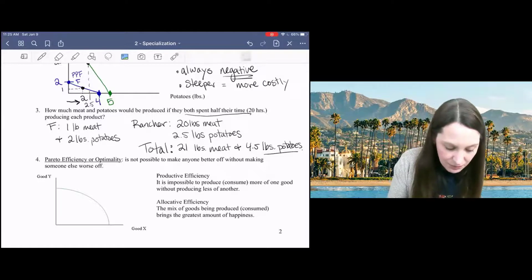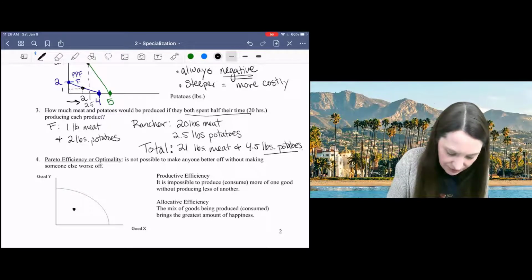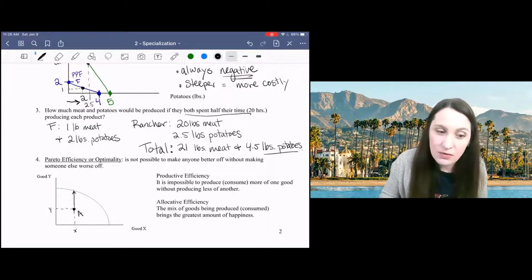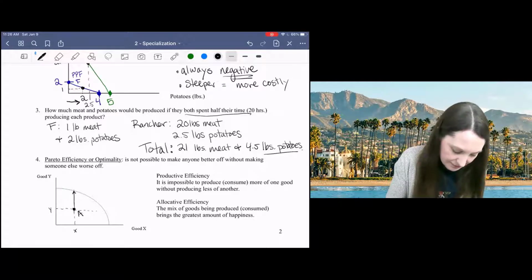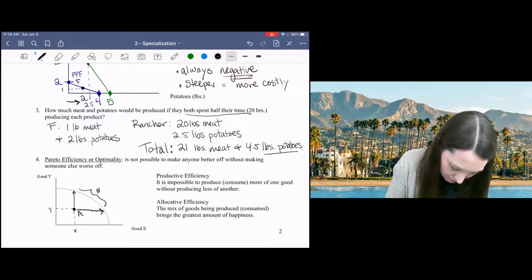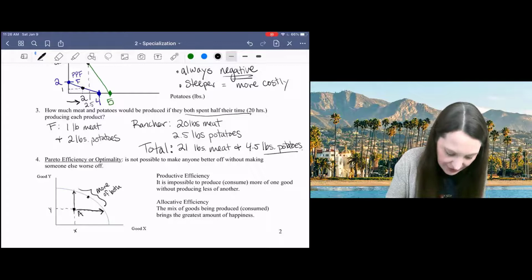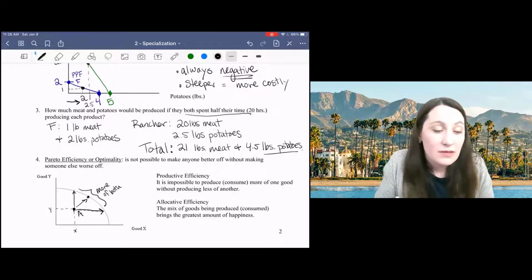So you can see that points below the production possibility frontier are inefficient because at this point, it would be possible to produce more of good X without giving up good Y, or more of good Y without giving up any good X, or more of both X and Y compared to point A. So A is inefficient because it is possible to produce more without giving anything up.